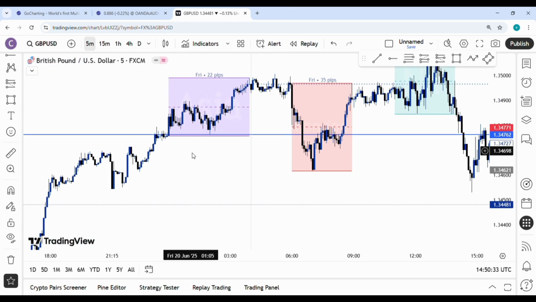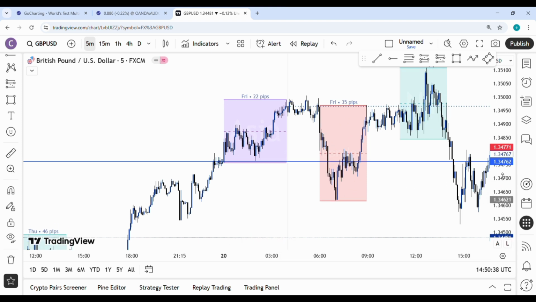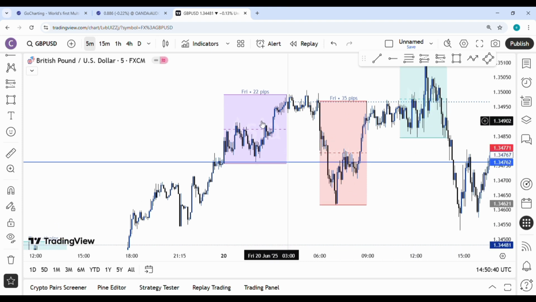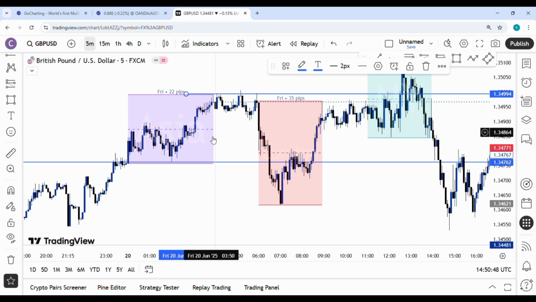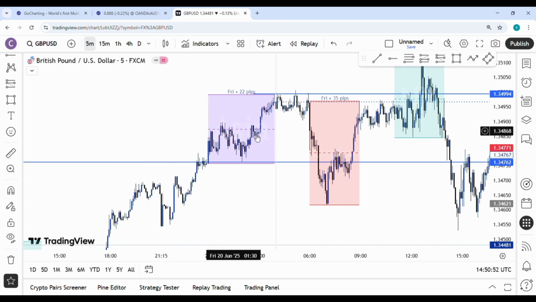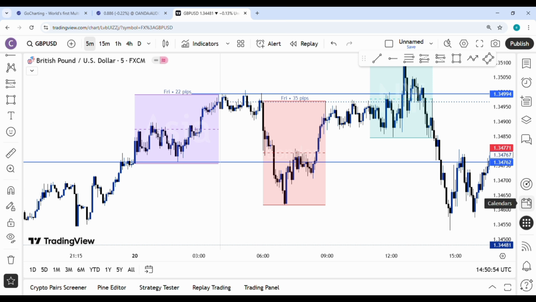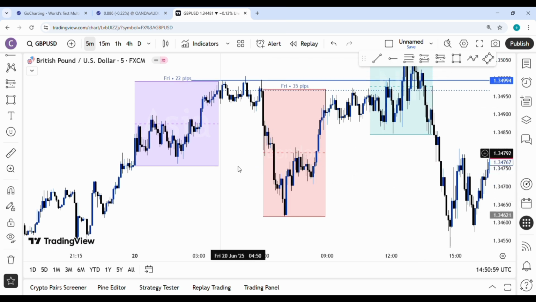So in this particular scenario over here, this is a full sweep to the downside. Okay, no, price swept above. This is it here. Yeah, price gave us a sweep of liquidity to the upside, so therefore we're looking to sell. Looking inside this particular range, there's no order block, there's no break of structure to the downside.